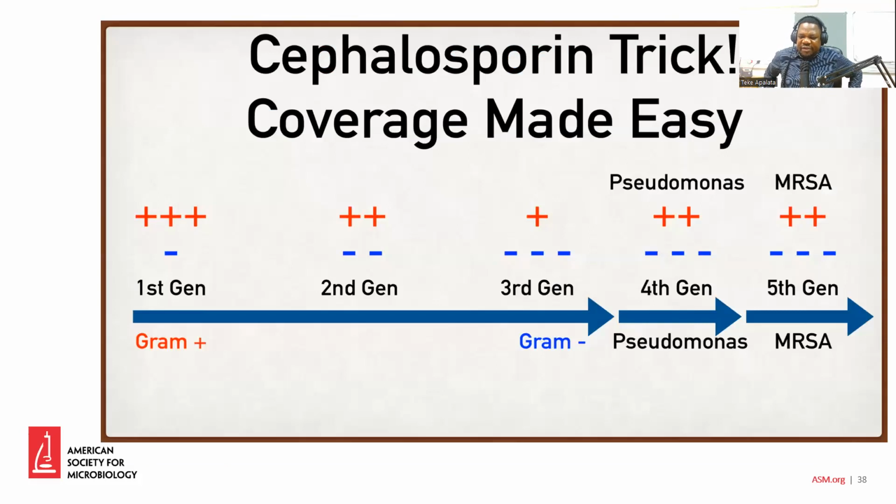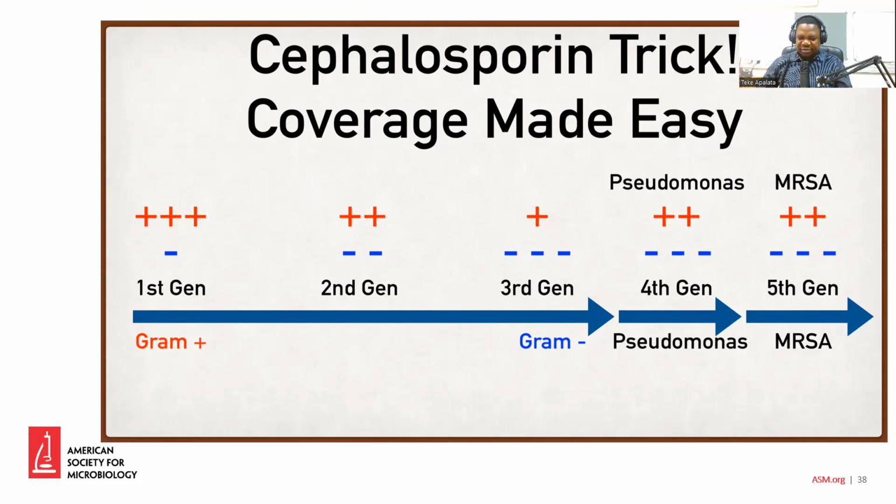So as we indicated, with the cephalosporin coverage, as we move from the first generation to the fifth generation, we will see that the spectrum of activity also increases, although mainly the first generation have a better activity on gram-positive, but the activity against gram-positive is maintained throughout. But then the activity against gram-negative increases, and the most important thing is that the fourth generation has anti-pseudomonal activity.